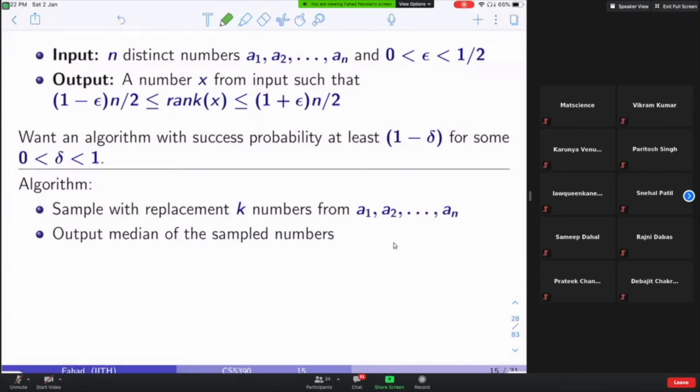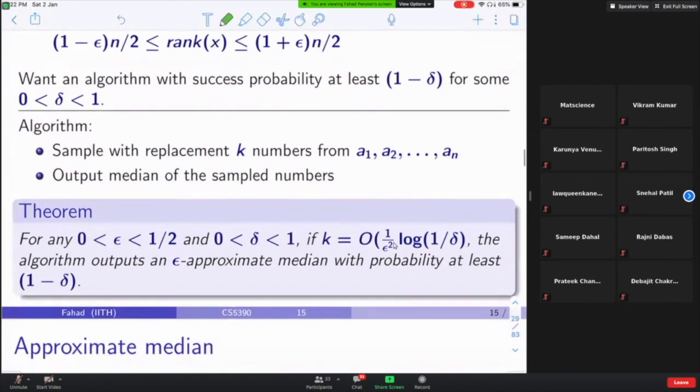One of the outcomes of the random experiment is k copies of A1. That is what we mean by sampling with replacement. You sample an element and the full set A1 to An is still there, and you sample again from it. So there is a chance that one of the outcomes is k copies of An. That is possible.